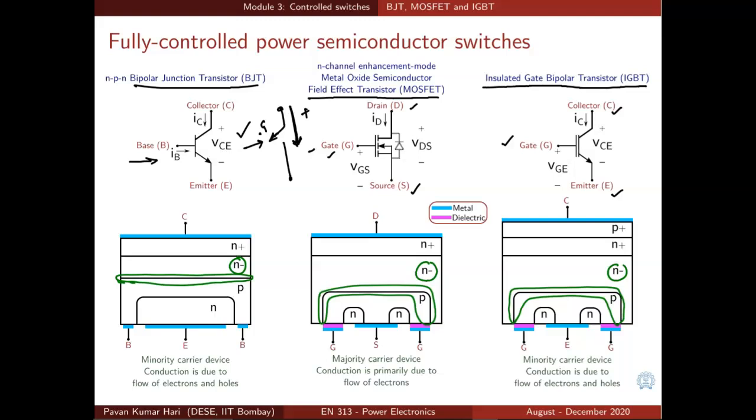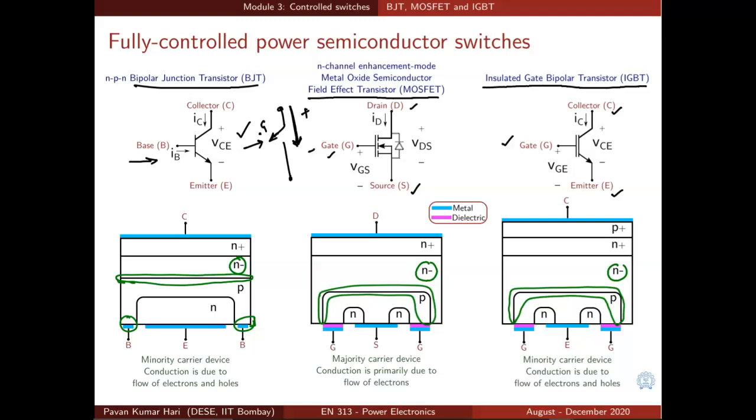which is base, is directly connected to the device through a metallic contact, like the other power terminals. For example, collector is connected to this whole region through a metallic contact. Metallic contacts are basically needed to bring out the terminals.